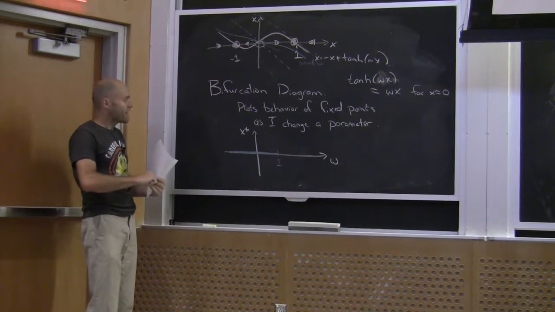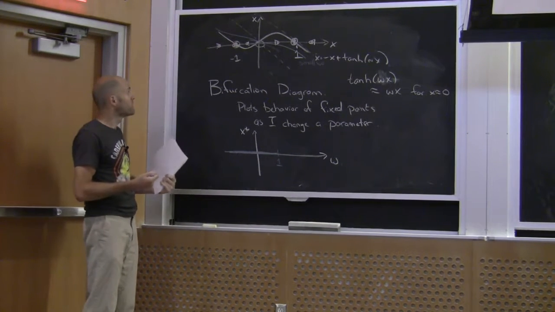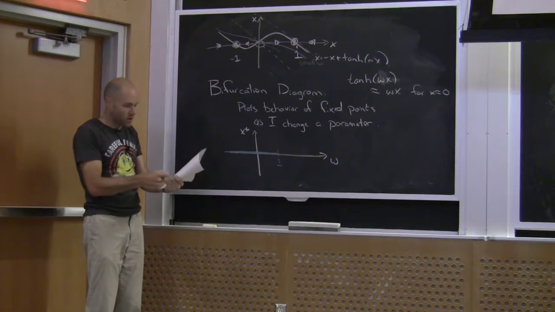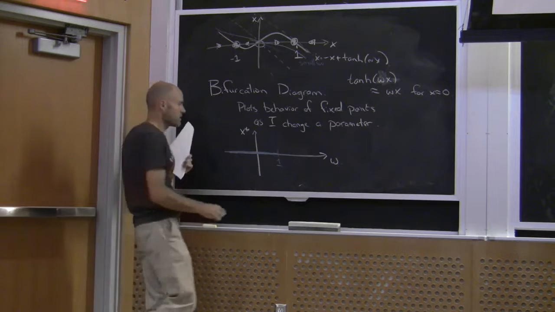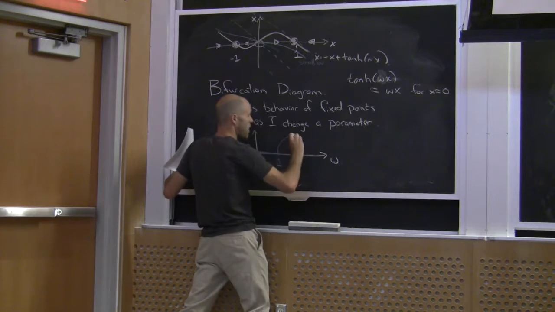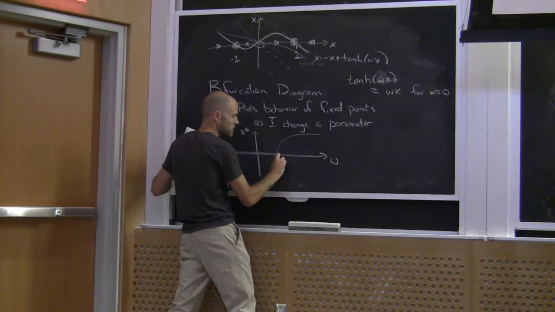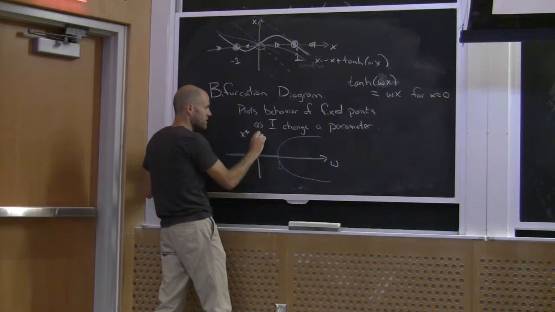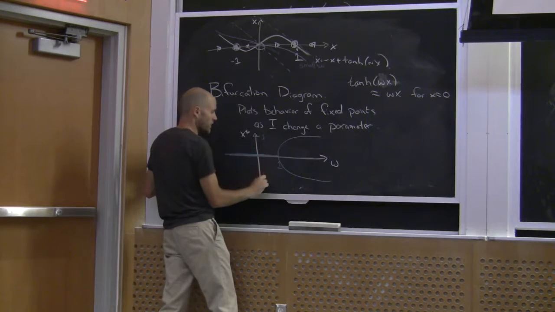And then as I increase W through 1, that fixed point gives birth to two fixed points, which start walking away from the origin in this way, which I only know from plotting. It does something like that, and asymptotes to 1 and -1.